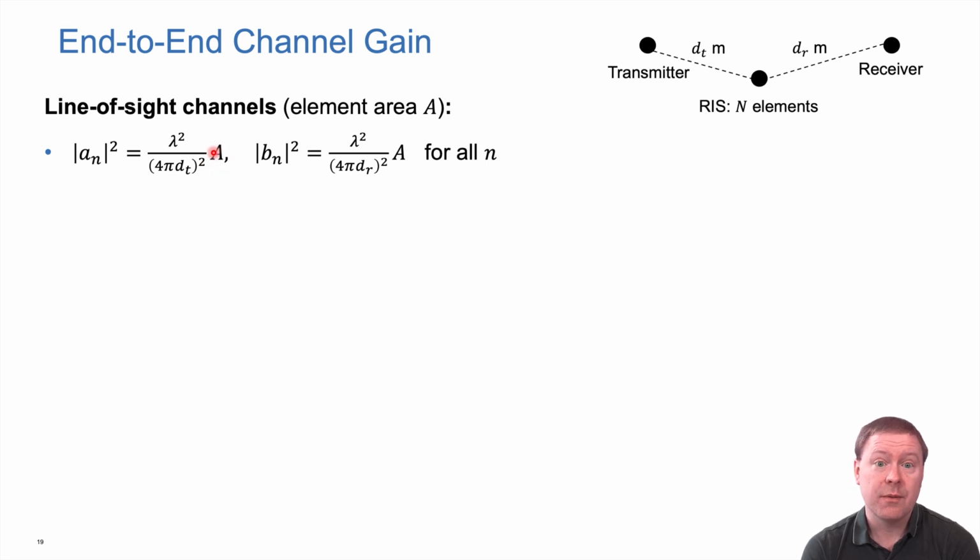So this is the free space propagation condition. And for the channel between each RIS element and the receiver, we get the same kind of formula, we just replace the distance with the distance between them.